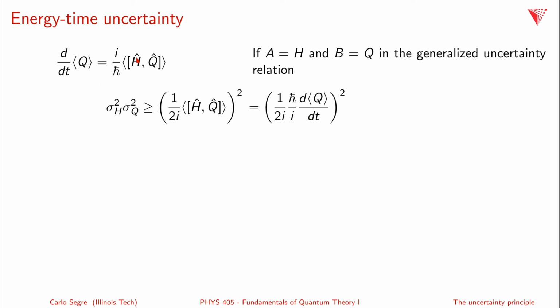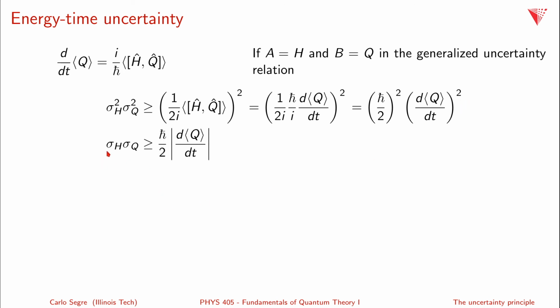We can replace the expectation value of the commutator of H and Q with ħ over i times d by dt of the expectation value of Q. So we put 1 over 2i, ħ over i, d by dt of the expectation value of Q, squared. So this gives us ħ over 2 squared times the time derivative of the expectation value of Q, quantity squared.